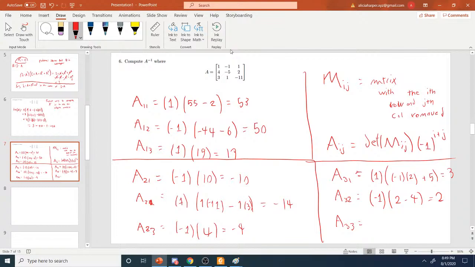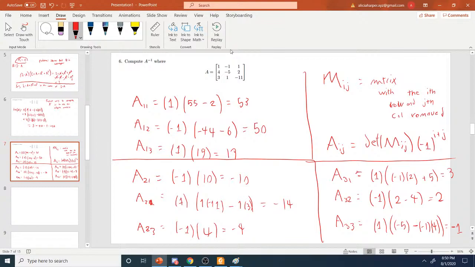And then finally for A33, I omit the third row and the third column, so I'm looking at the determinant of this. And I'm going to have 1 times -5, and then minus -1 times 4, which is going to simplify to simply -1.